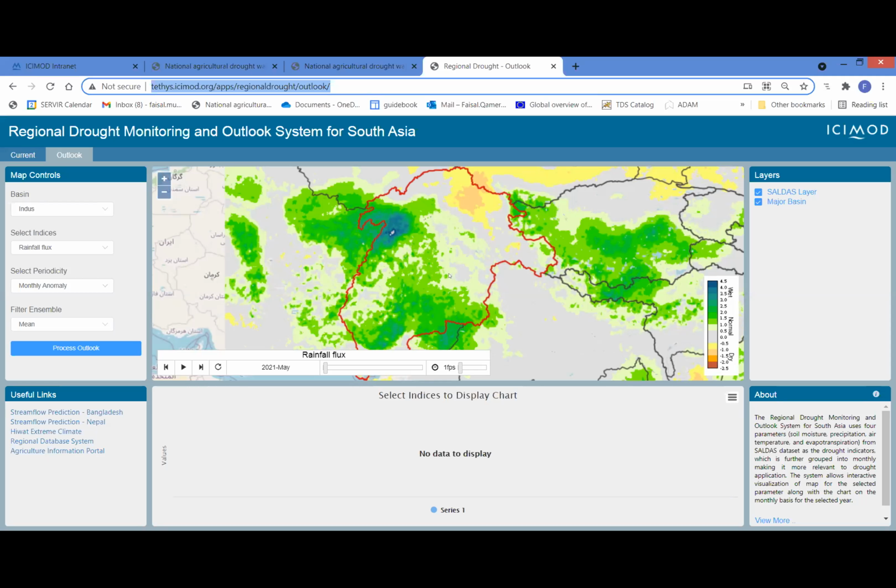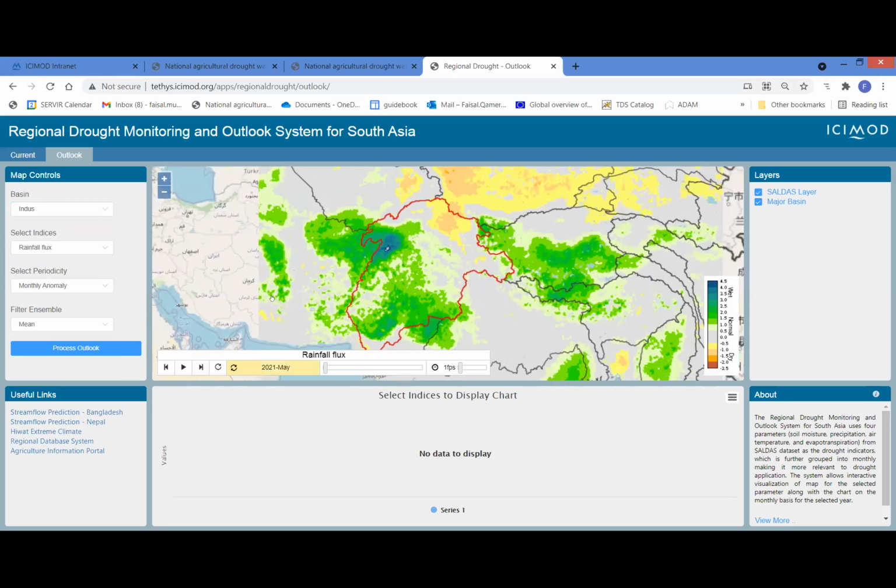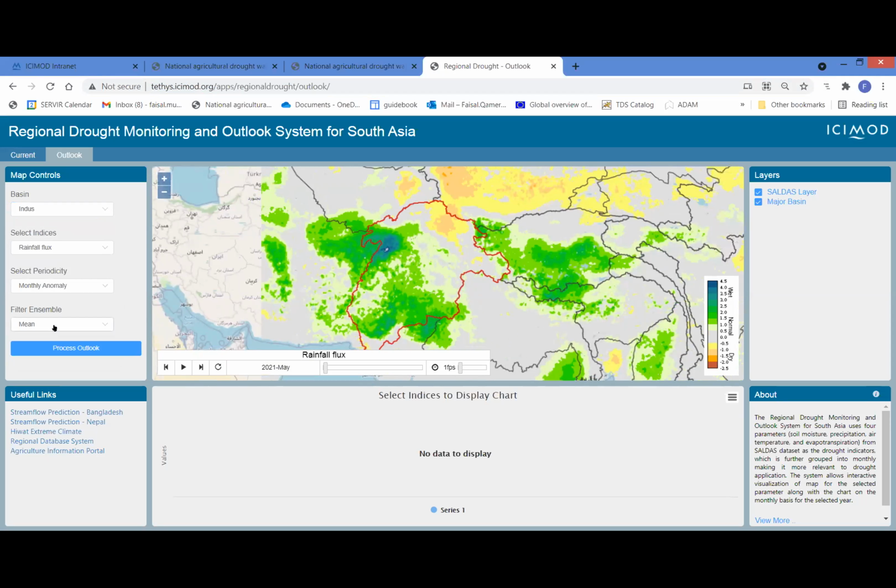We mostly get information at country level, but sometimes for a regional perspective, basins are important to understand their conditions. So you can go to a particular basin. For example, you can select a basin or a sub basin. Like for example, I'm selecting here Indus Basin.